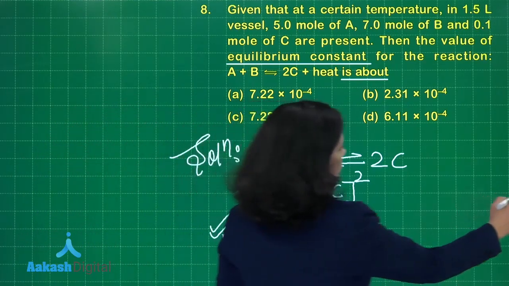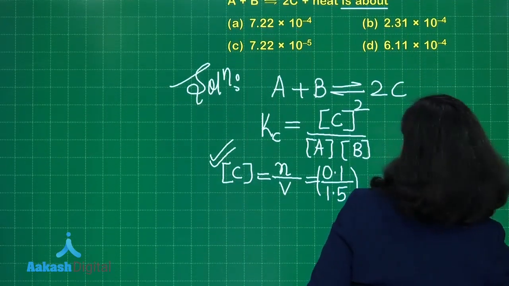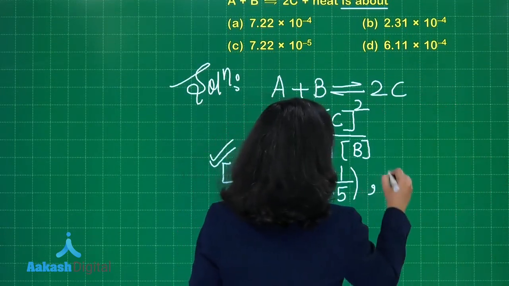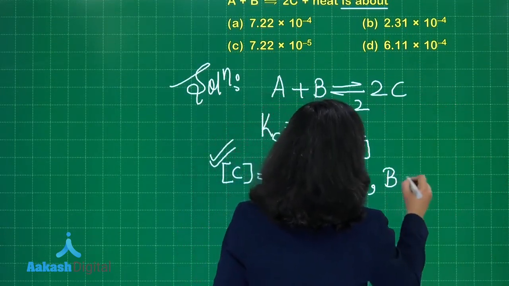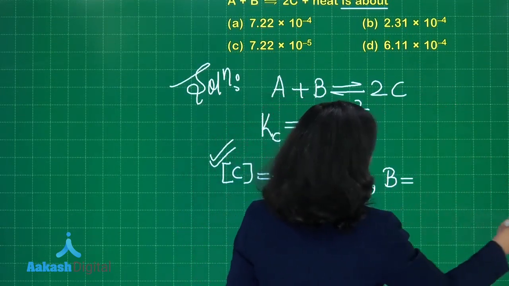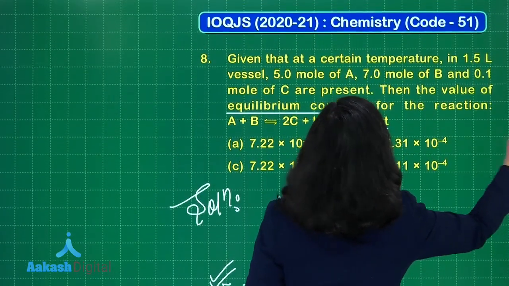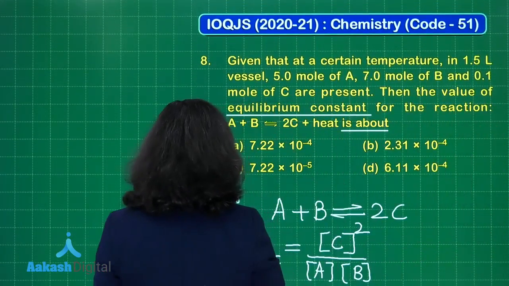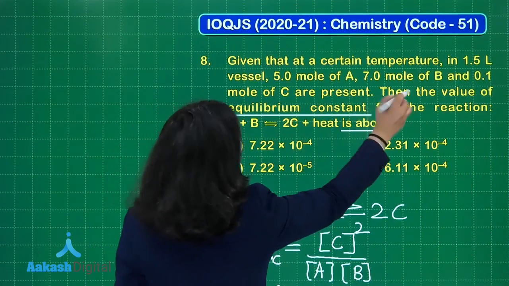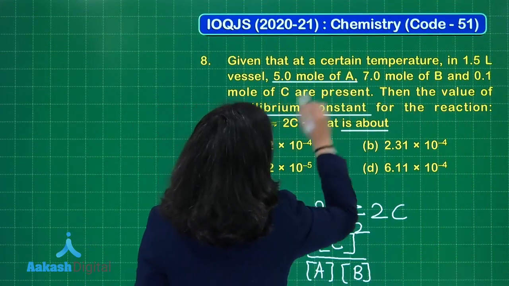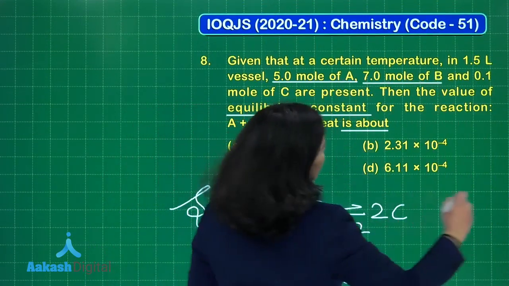Now similarly, we can find this for B and A also. So for B, it would be the moles of B. If you look at the question once again, you will find that 5 mole of A and 7 mole of B are there, right?